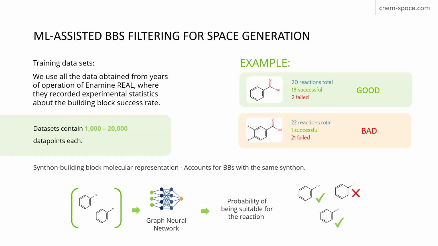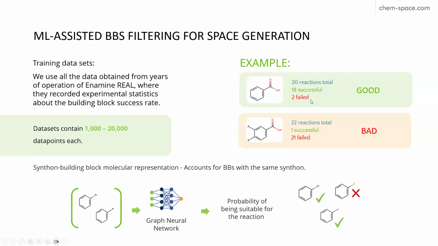So the format in which we got the training data was like this. For each reagent we got a classification: whether it's a good building block or a bad building block. The assessment was done based on the performance of this building block in a particular reaction. For example, this carboxylic acid was successfully used in 18 setups, and successfulness here means that the final product was synthesized and purified.